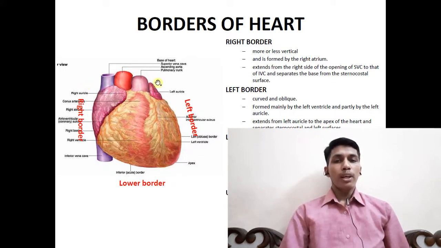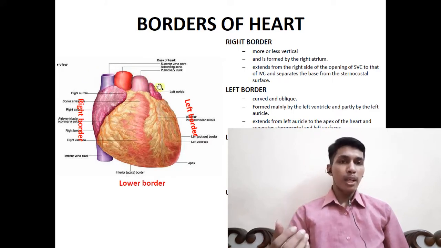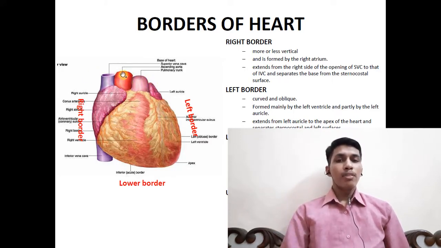So the upper border is basically obstructed, or we can say hidden, because of the presence of many blood vessels. Here we find the ascending aorta and arch of aorta, and here is the pulmonary trunk.